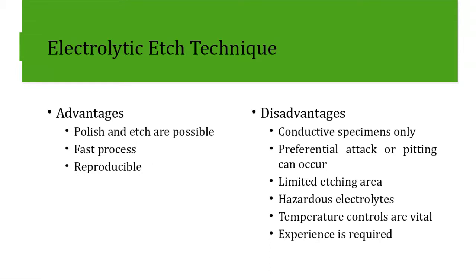So some of the disadvantages of the electrolytic etching technique is the fact that, well, for one, you're applying an electric potential, so that means your specimen must be conductive. One of the things that can happen is if the etching voltage is too high or the time at voltage is too long, you can cause preferential attack or pitting can occur in your sample.